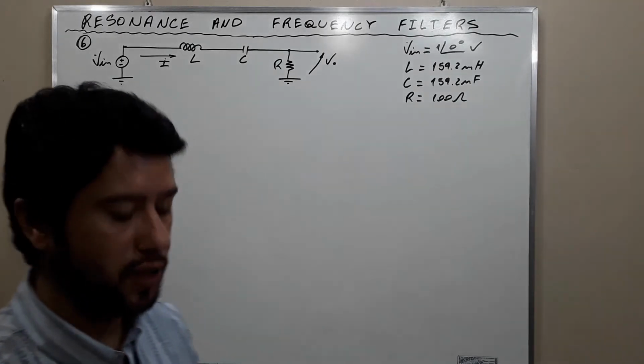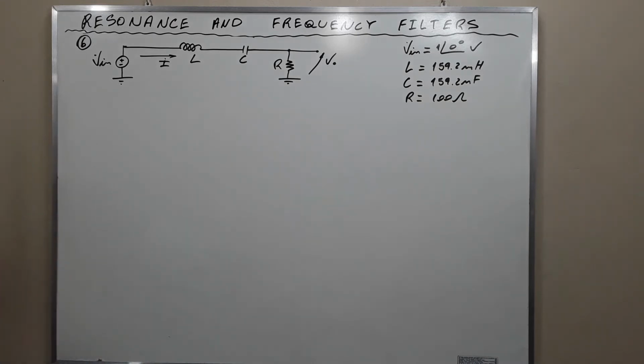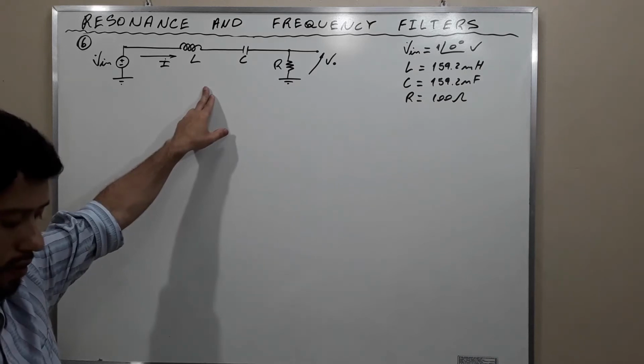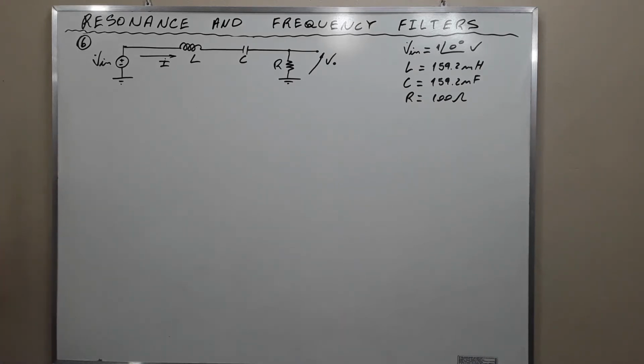Exercise number 6. Consider the series resonant circuit of the figure. Letter A. Compute the resonant frequency, the bandwidth, and the half power frequencies.